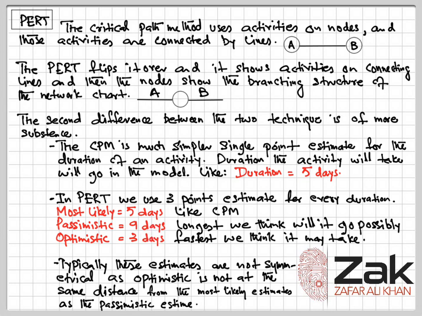Typically, these estimates are not symmetrical, as optimistic is not at the same distance from the most likely as the pessimistic. The difference between optimistic and most likely is 2 days, whereas from most likely to pessimistic it is 4 days. So for that we have to find an average or something.